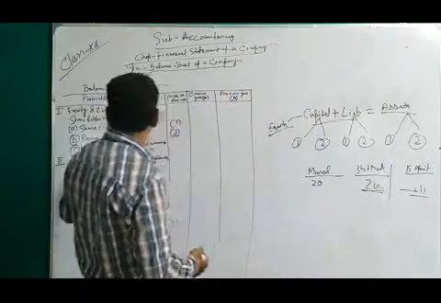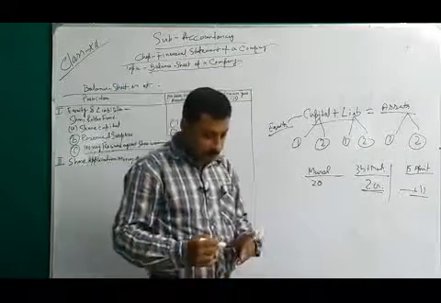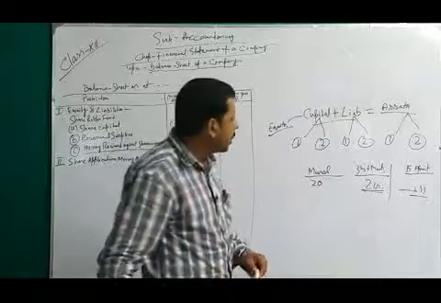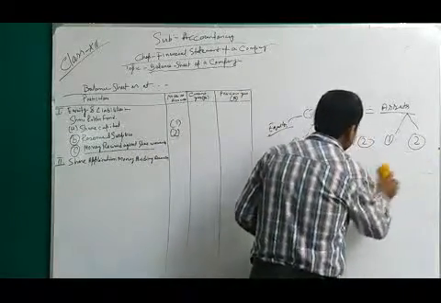That's how one heading comes: share application money pending amount. This is all about share application money pending amount. Hope you all understand how this actually comes to your balance sheet.